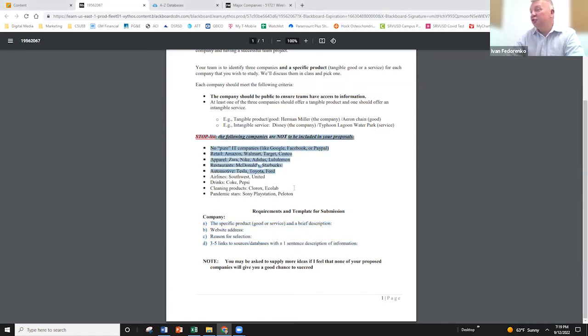I have a little stop list here in the company proposal guidelines, the companies that I don't want you to study, for two reasons. It can be either too hard and too different. Like all the IT companies, like Google, Facebook, or PayPal, great companies, but their internal business processes, economy, and value creation is very different.